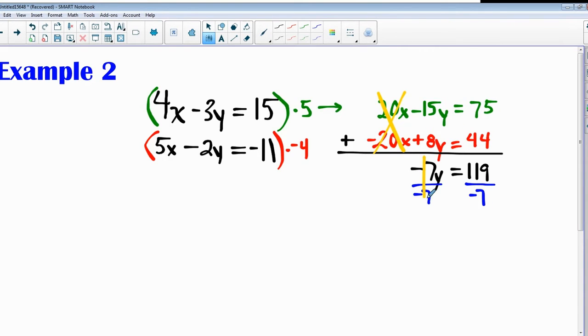So -7, well, it's going to be an answer that's negative. Kind of doing long division in my head, I put the 1 there because I know that 7 goes into 11 once. Then there'd be a remainder of 4. Drop the 9 down, that'd be 49. 7 goes into 49 7 times. So y is -17.